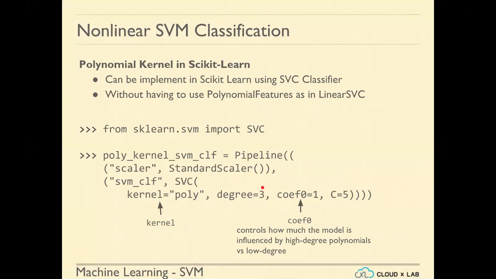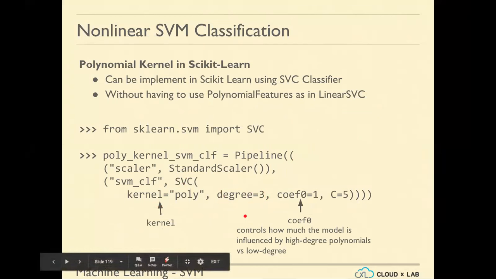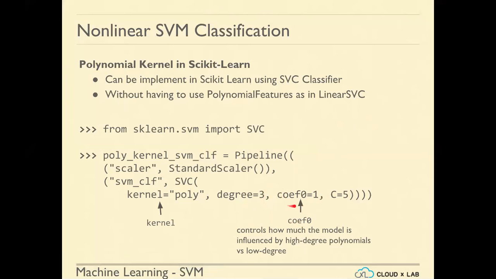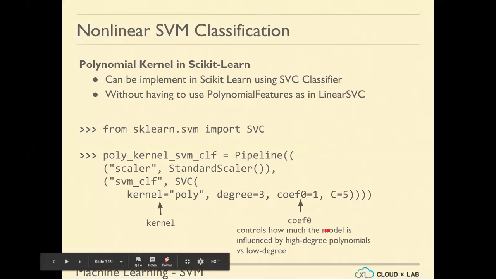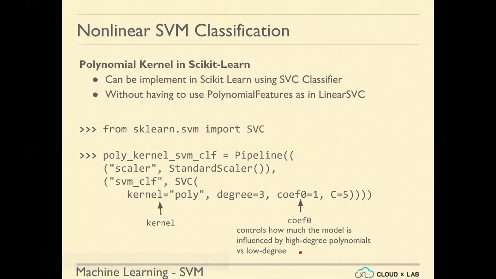So we don't need to go beyond too many new polynomial features, and this would be able to do the job. There is a hyperparameter called coefficient 0. It controls how much the model is influenced by high degree polynomials versus low degree polynomials.